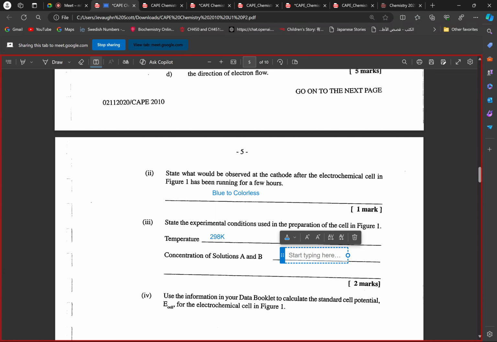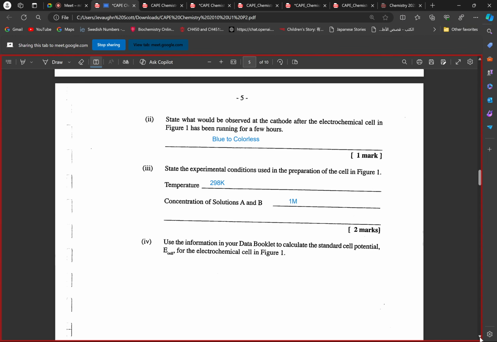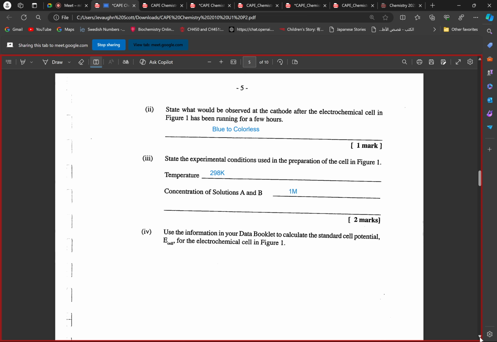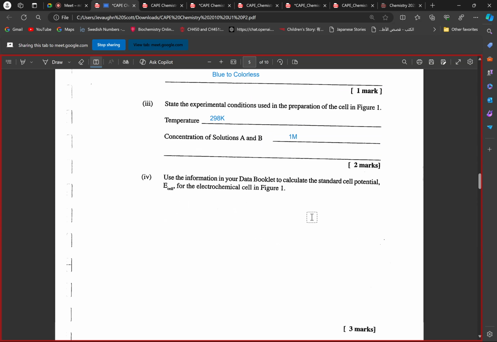It's like you're telling me that a building is 500 giraffes high. It sounds like an American. So, conditions here, we're going to have 1 molar for both, 1 mole per dm cubed for both. You can put the 25 degrees Celsius if you want, but 298 Kelvin.